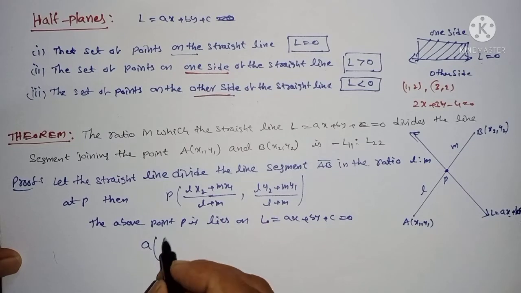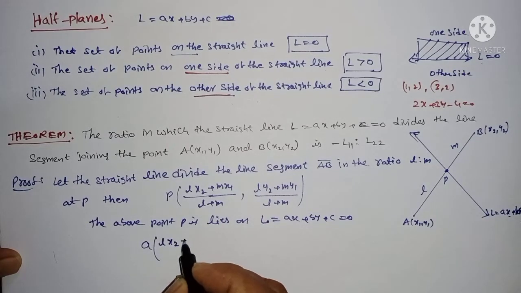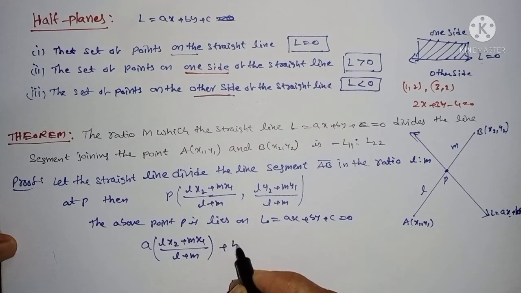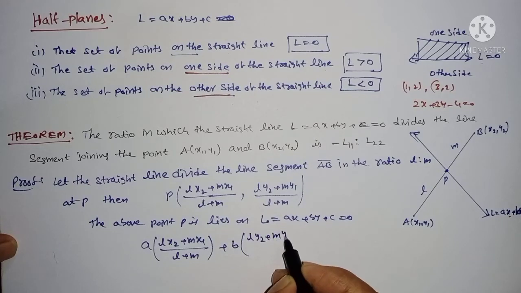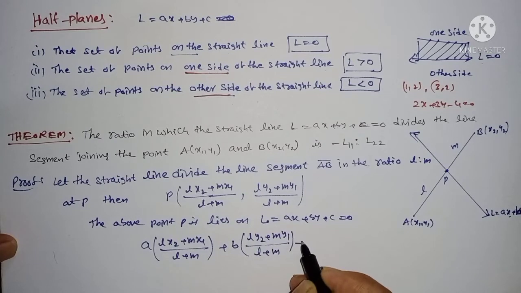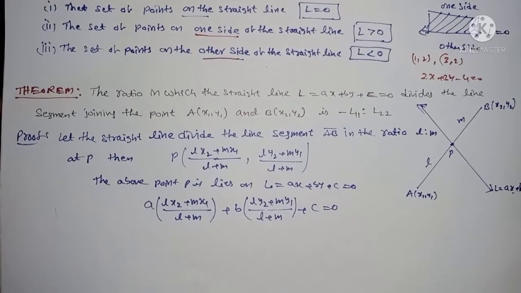Therefore, A of (Lx2 plus Mx1) by (L plus M) plus B of (Ly2 plus My1) by (L plus M) plus C is equal to 0. Once again, you can simplify this. Listen here.